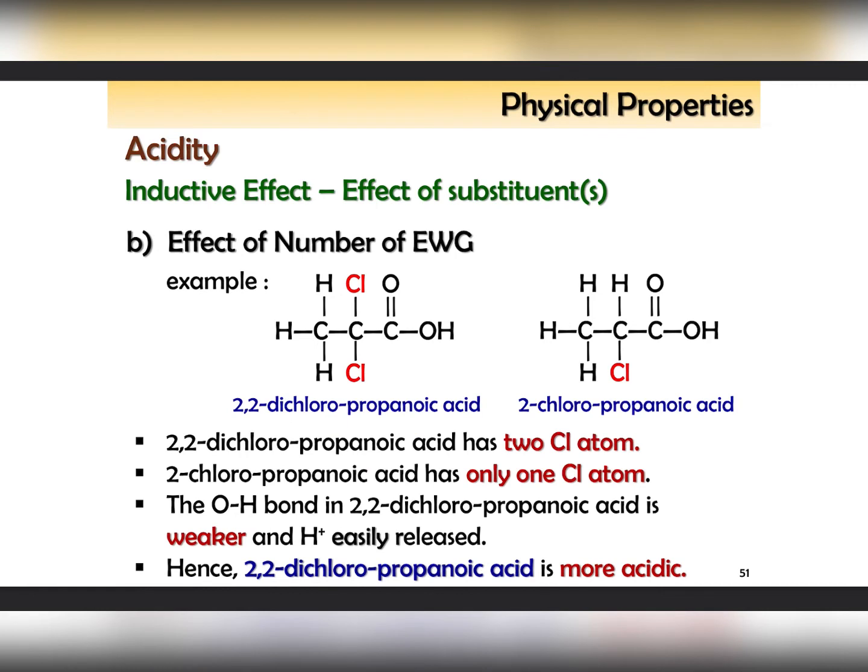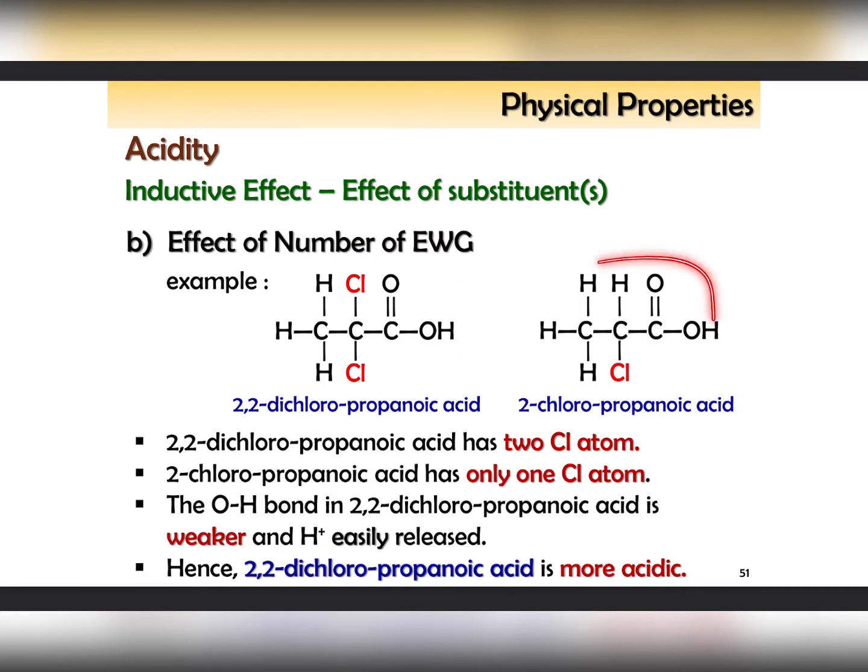Right, so next kita tengok effect of the number of electron withdrawing group pula. Okay, so the first one, kita ada 2 chloro. And the second example, kita ada 1 sahaja chloro. So, 2 versus 1 electron withdrawing group. Okay, so 2,2-dichloropropanoic acid has 2 chlorine atoms.